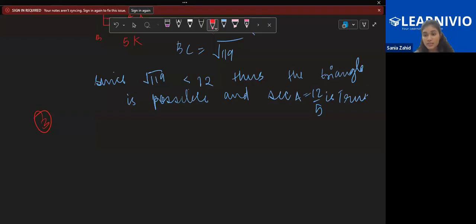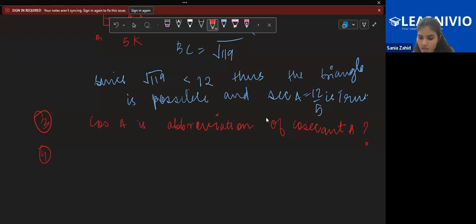Cos is cosine. Abbreviation means the short form. So cos A is the short form of cosine A. What is the abbreviation of cosecant A? Cosec A only. Okay, so this is false.